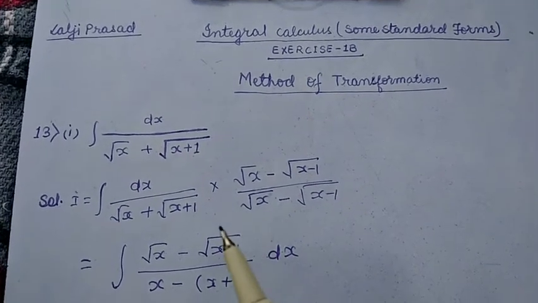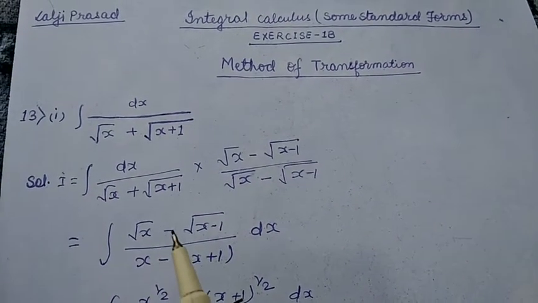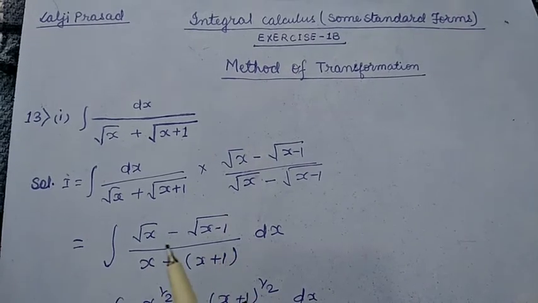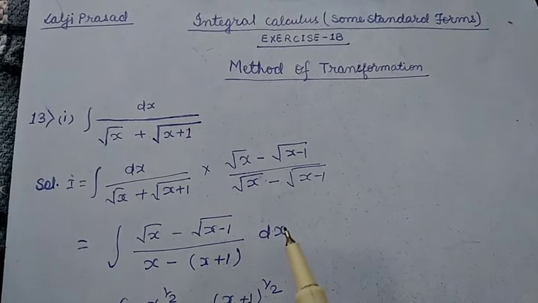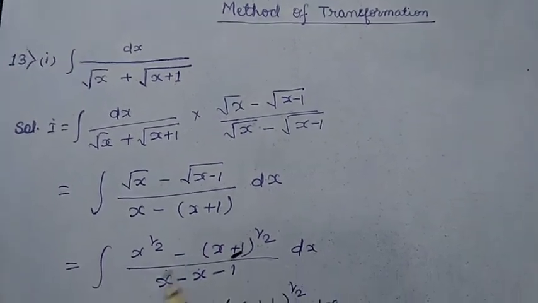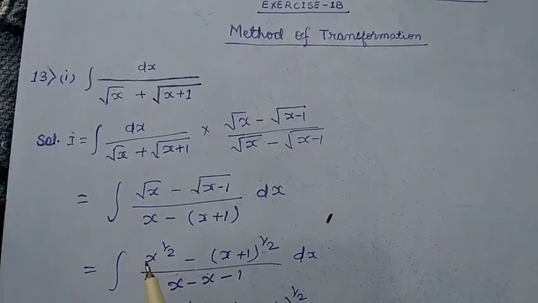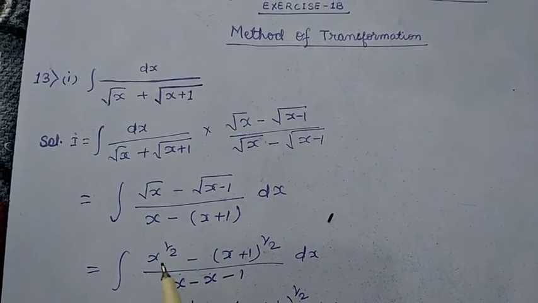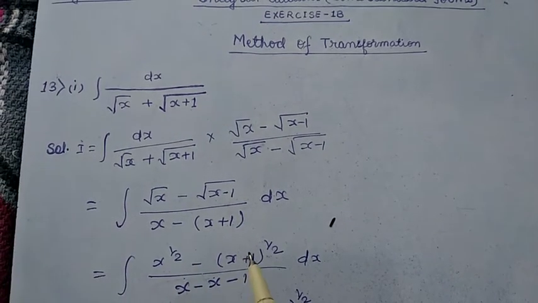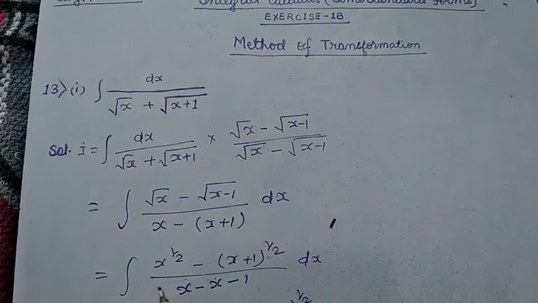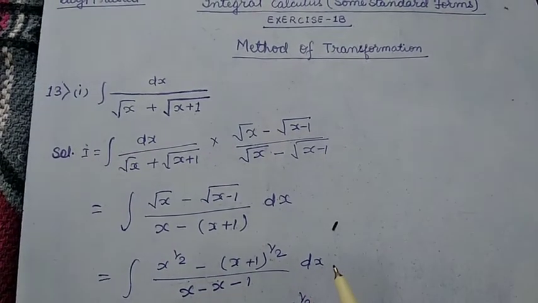So you can see here, in the next step we have written integration of square root of x minus square root of x minus 1 upon x minus x plus 1 into dx. In the next step you can see integration of x to the power half minus x plus 1 raised to the power half upon x minus 1 into dx.